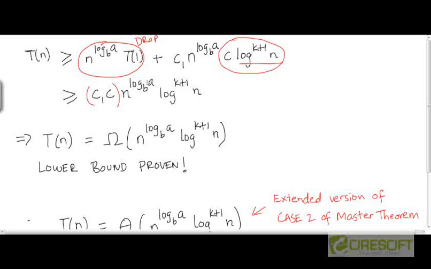So this is just the second expression here, which can be written as a constant multiple of n to the power log base b of a times log to the power k plus 1 of n, which then proved that T of n is in big omega of this function because it's bounded from below by a constant multiple of this function.